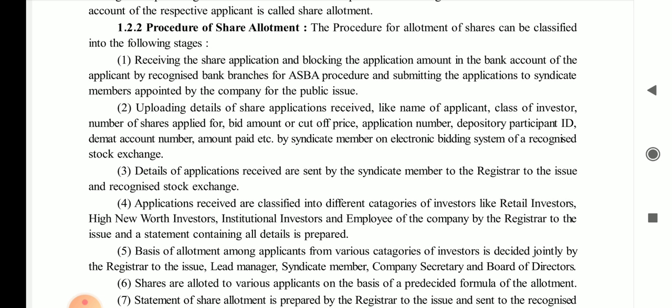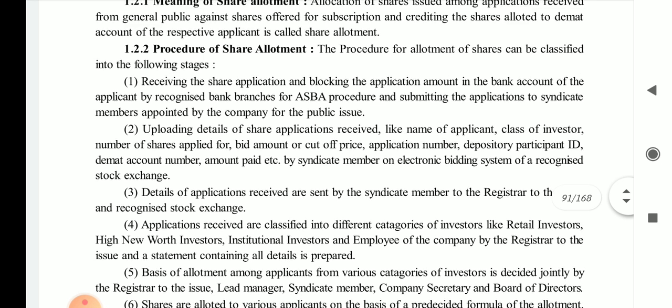First of all, on behalf of the company, the recognized bank will receive the application and block the amount in the particular person's account according to the ASBA rules and regulations, and the whole application should be submitted to the syndicate member. A syndicate member is a person who is responsible for the whole procedure of share allotment, and the bank will appoint them and give the application to that person for the public issue.